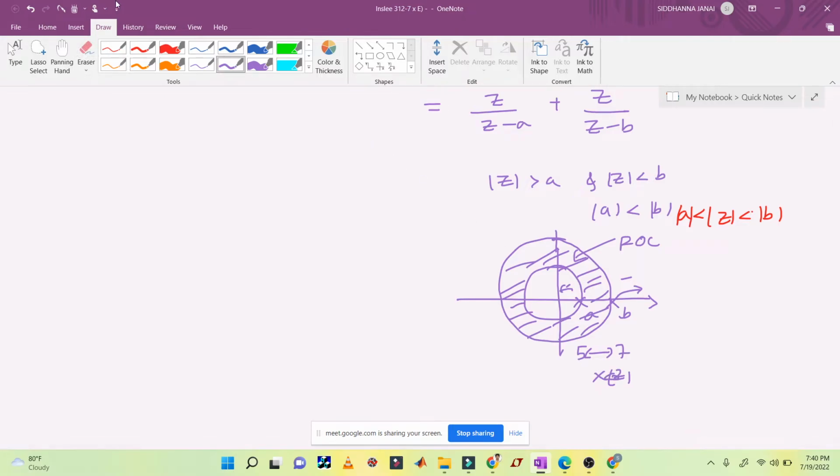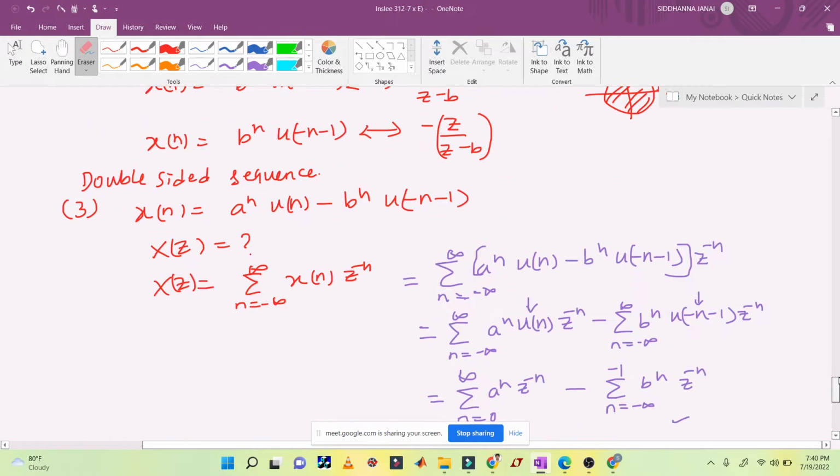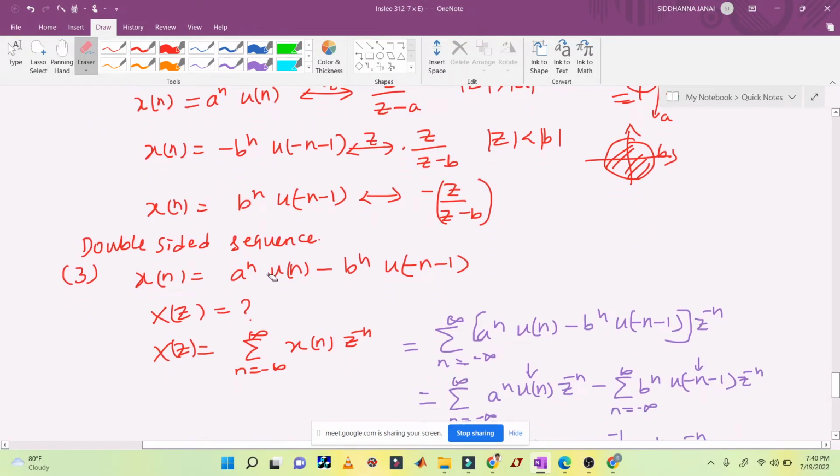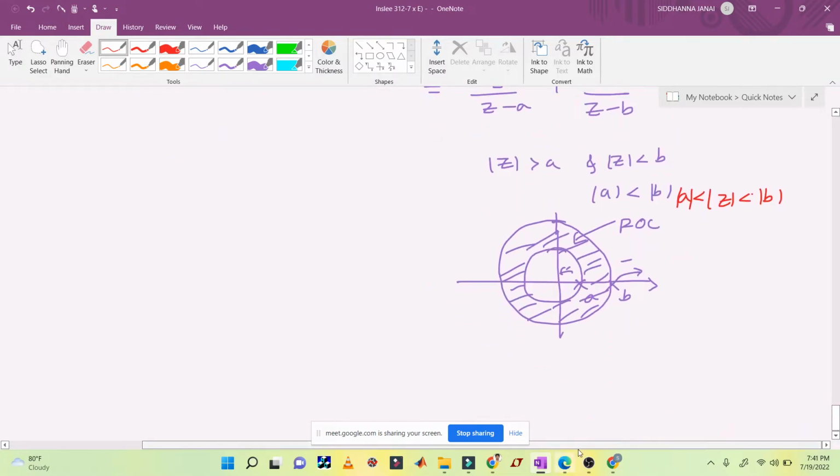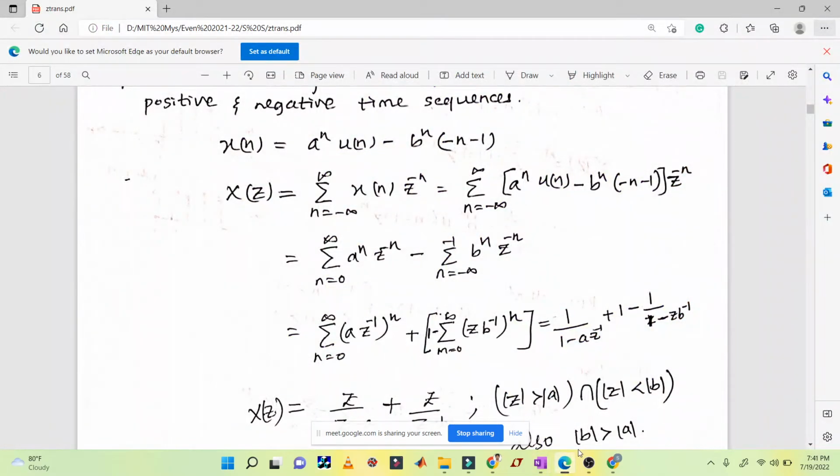Okay, that is what we can conclude from the Z transform of this particular sequence. That is a combination of both the signals. One is right sided, another one is left sided. Okay, I hope this is clear.